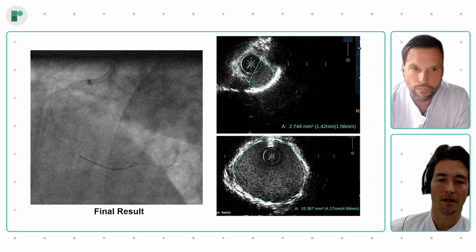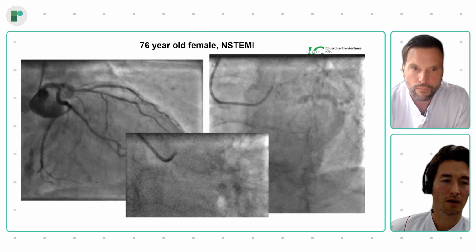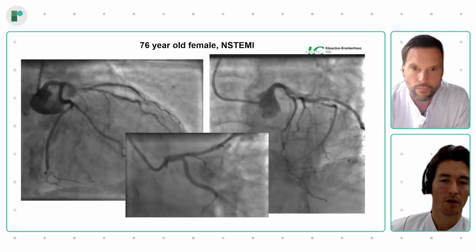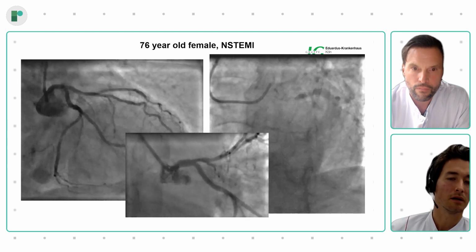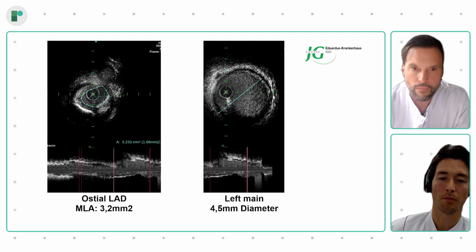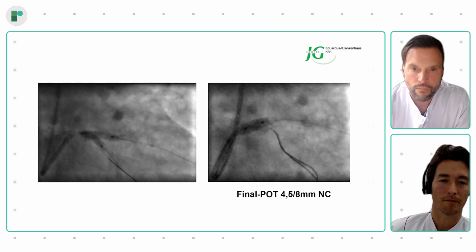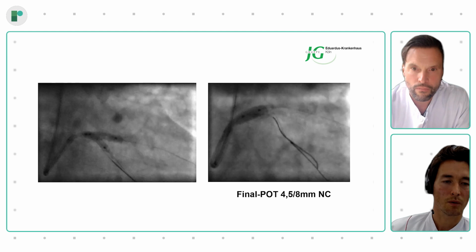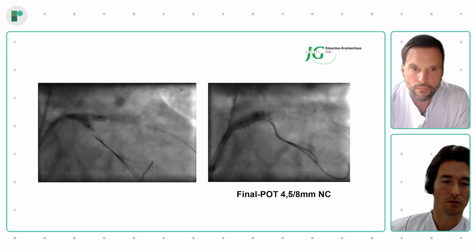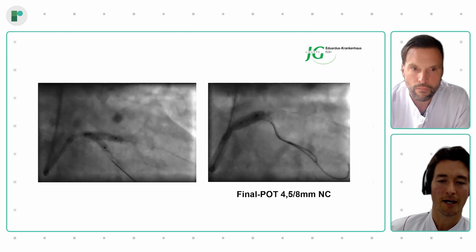If you look at the left main angiographically, I'm going to go back, I would personally not have estimated the left main to be of 4.5 diameter. So by angiography, you tend to underestimate, as mentioned earlier, the real sizes of the vessel, and therefore we were able to really plan our strategy.